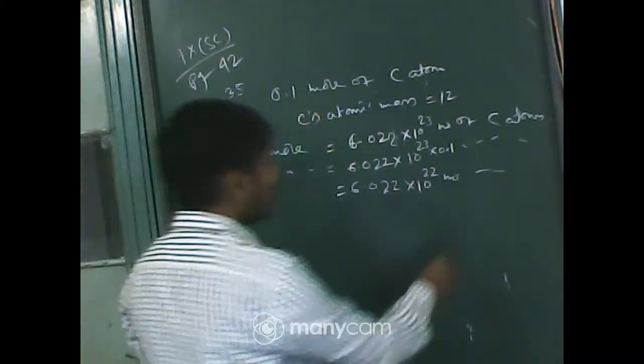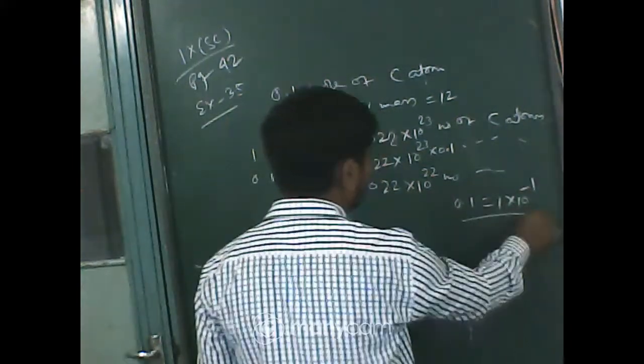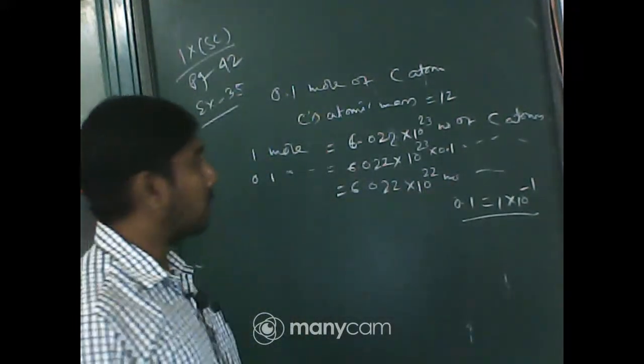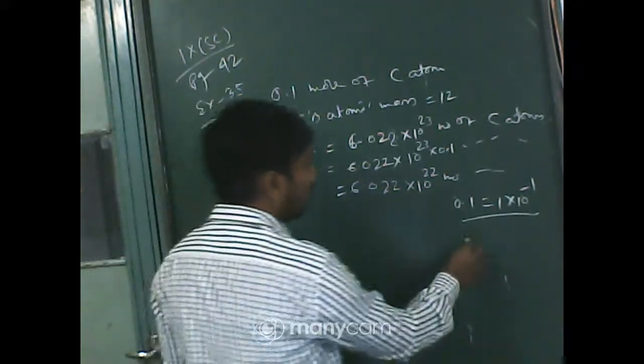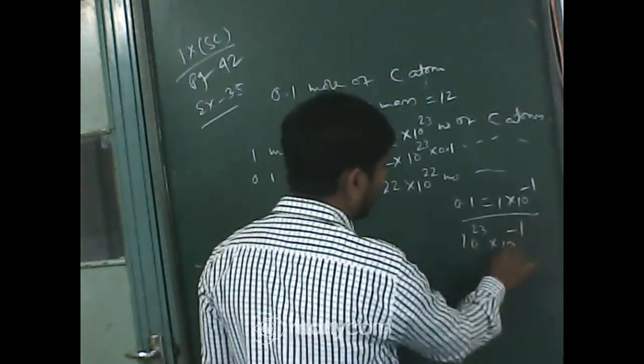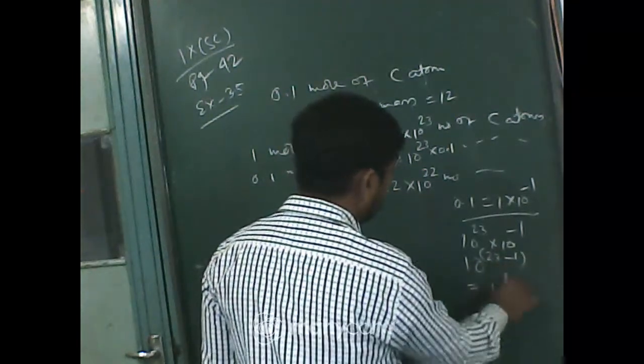How? Because 0.1 is equal to 1 into 10 to the power minus 1. Okay, so when we will multiply such kind of data, then it would be 10 to the power 23 into 10 to the power minus 1, that is 10 to the power 22.